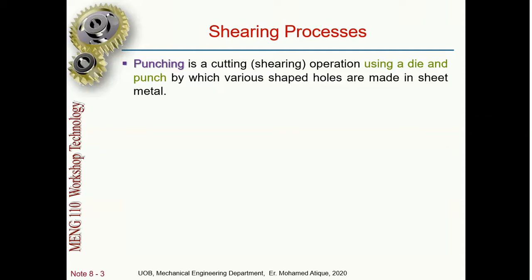First is punching. In punching, we use a die and a punch. Using a die and a punch, the desired shaped hole is made in sheet metal. Everyone has seen a punch which we use to make holes in paper to file it in a file.